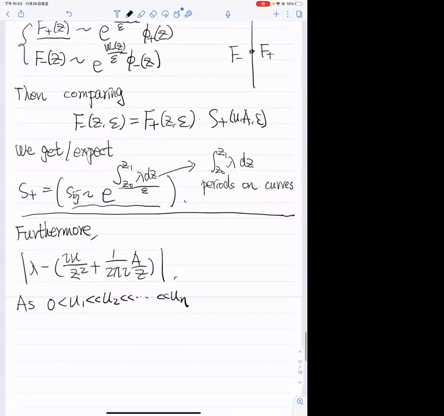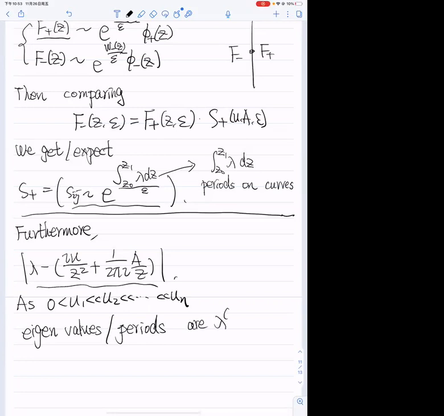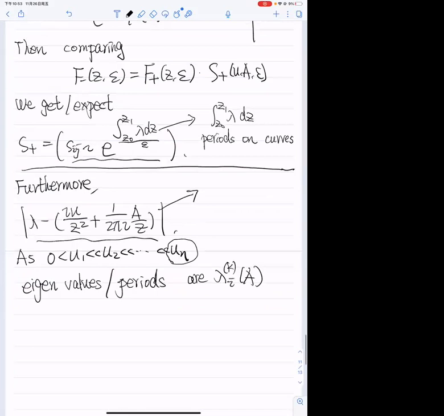If you compute the eigenvalues of this, to be more precise, the periods over this spectrum are exactly the lambda k i. This can be seen. For example, if Un is much bigger than the rest, computing the eigenvalues of this is simply computing the eigenvalues of the (n-1) by (n-1) submatrix of A. And this is exactly the degeneration.